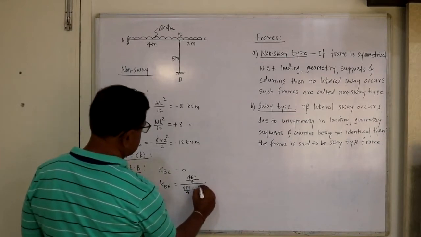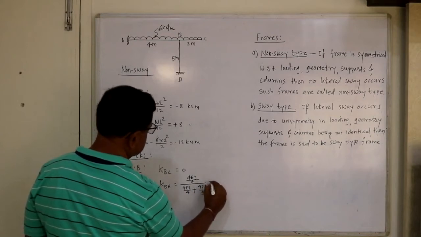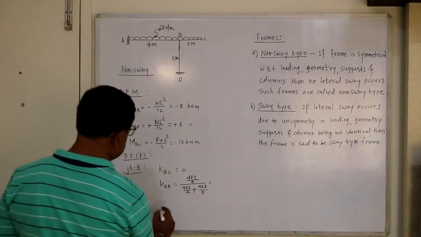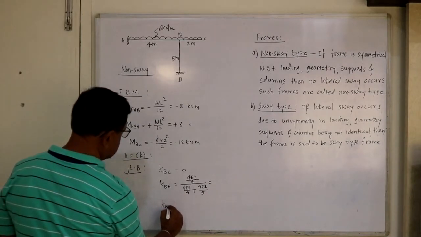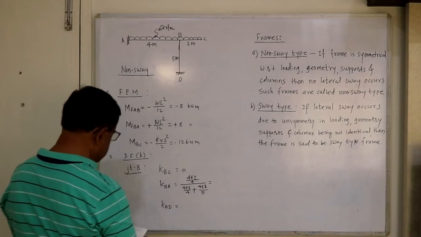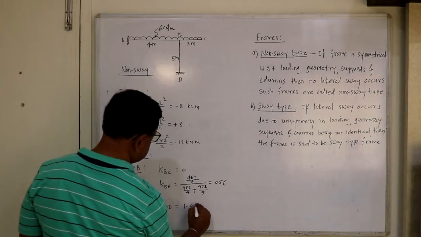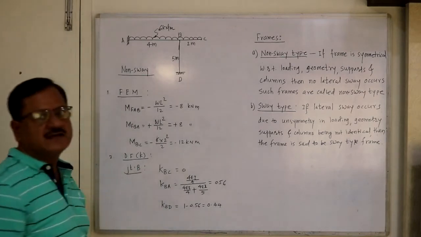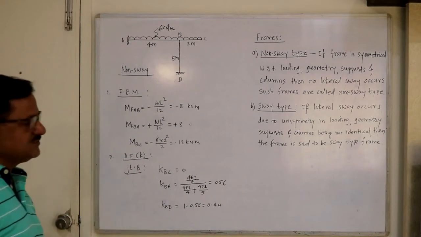So D is fixed, again 4 EI upon 5. So this gives us the distribution factor of BA. Similarly, the distribution factor for BD, at B towards D, equals 1 minus this. So this you will get 0.56. So this is 1 minus 0.56 equal to 0.44, because total is 1 and for the overhang it is 0. Total distribution factor should be 1. So we have calculated distribution factors.